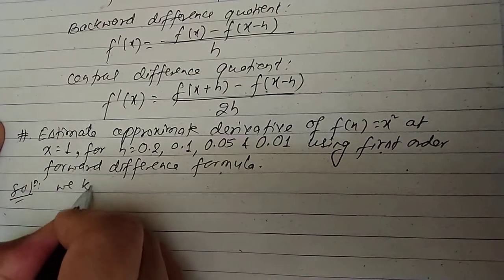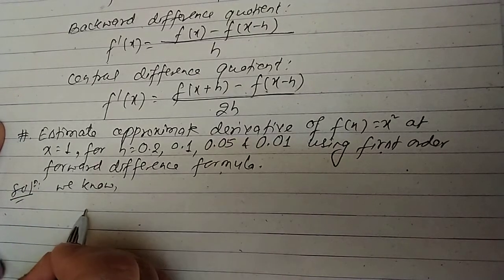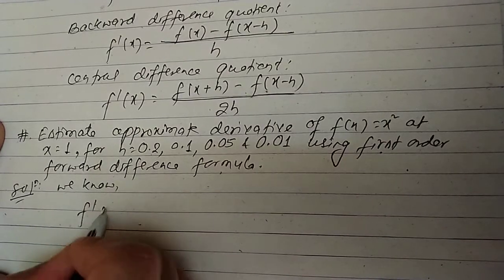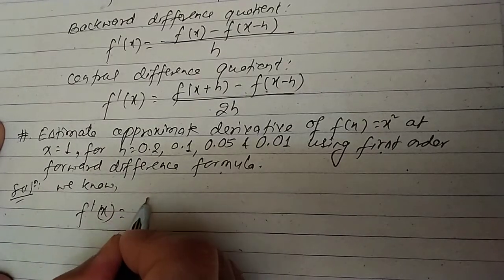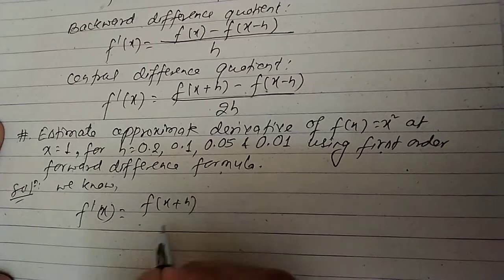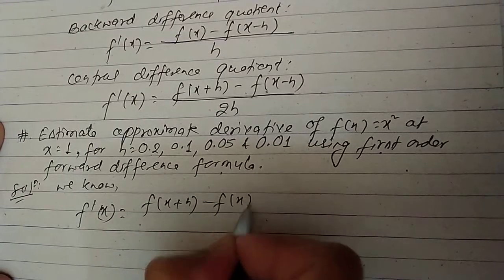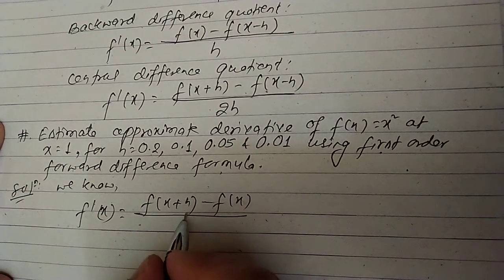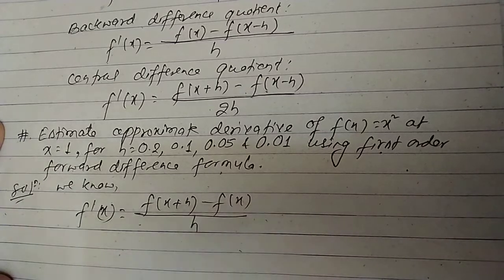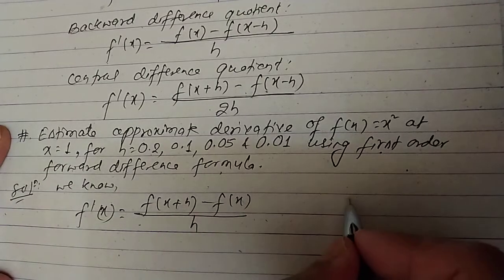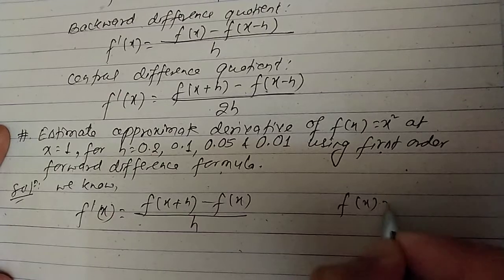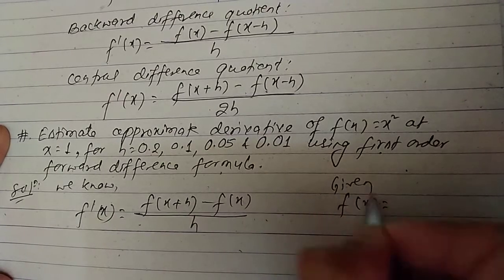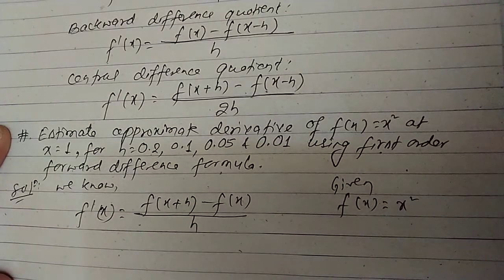We know, let us write down the forward difference formula. f dash x equals f of x plus h minus f of x, whole upon h. What is f of x given in the equation? This is given in the equation as x square.